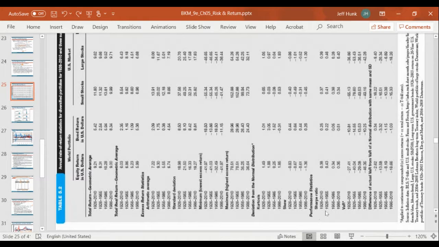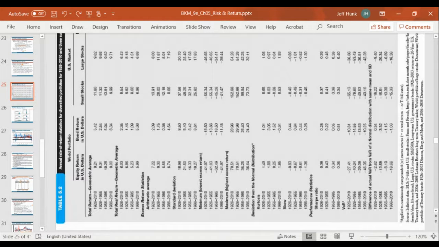And then performance statistics, it's hard to see. And most of all, the Sharpe ratio. Look at the Sharpe ratio. Then value at risk, and the difference of actual value at risk from the value at risk of a normal distribution with the same mean and standard deviation.